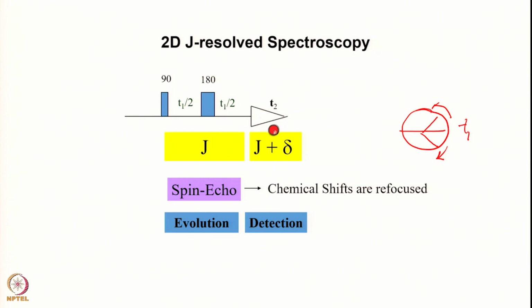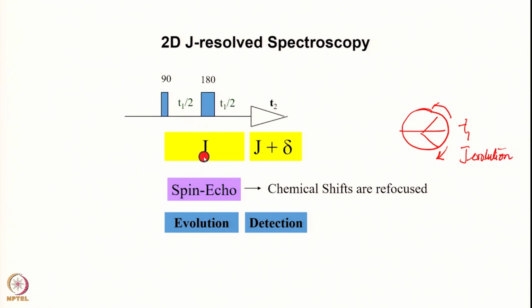Therefore, I take a single doublet, the 2 transitions keep evolving as a function of t1. Therefore, what is getting modulated as a result here? What is the modulation that is happening? J evolution is contributing to the modulation. Therefore, if I were to Fourier transform along the t1 period, what am I supposed to get?